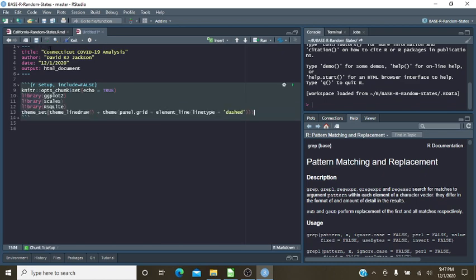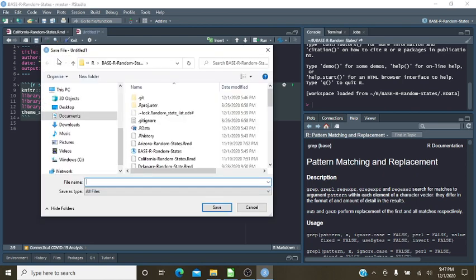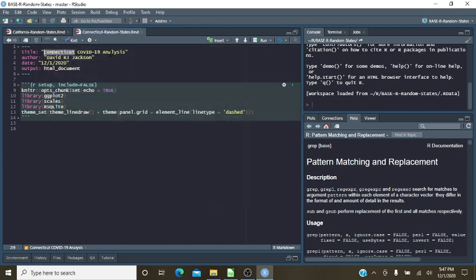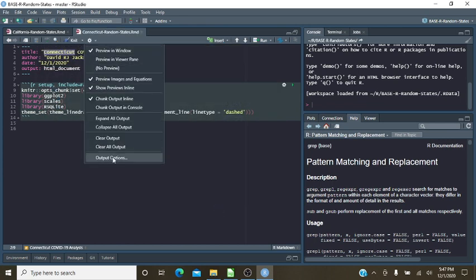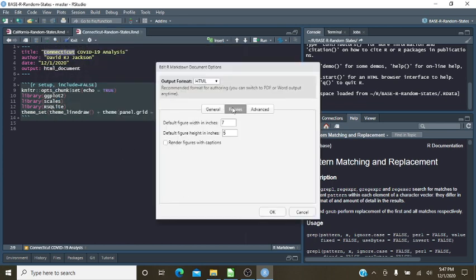Okay, let's do this. Let's save this. Let's also change our plot size to 9.